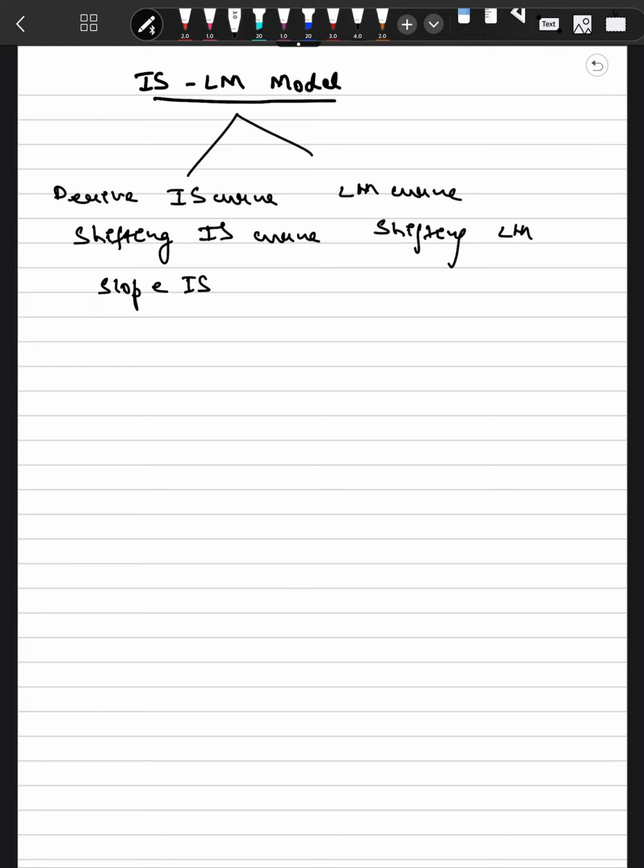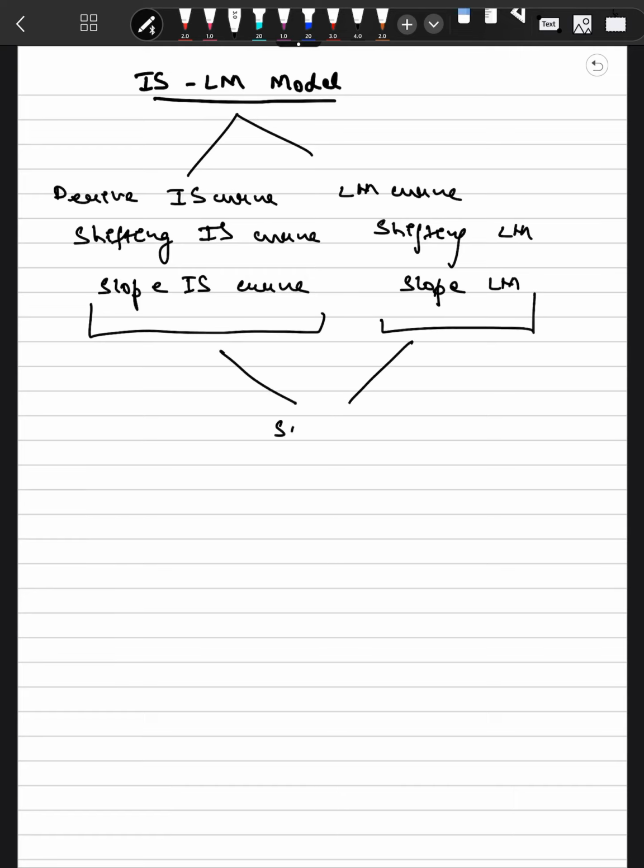We'll understand about the slope of the IS curve and its impact, and we are also going to understand about the slope of the LM curve and its impact. And after individually deriving and understanding the IS and LM curve, we are going to derive a simultaneous equilibrium in the economy. So in this video we are first concentrating on the IS curve.